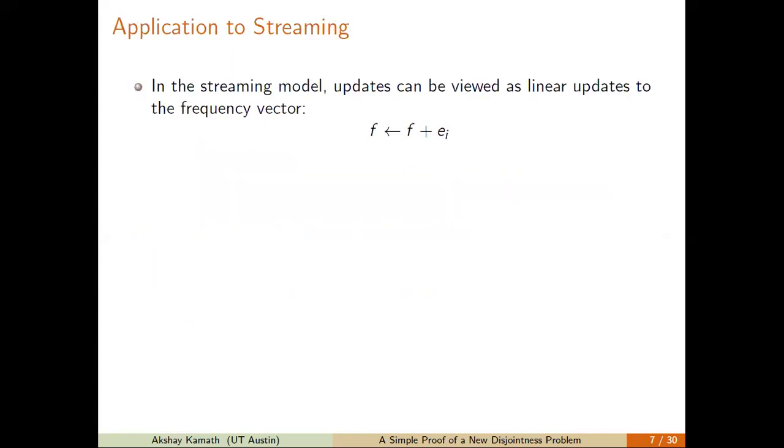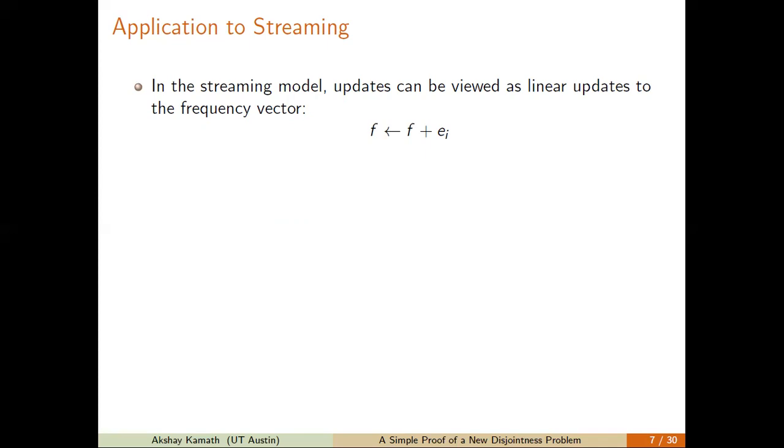So how are these lower bounds for this communication problem applicable to data streams? In the streaming model of computation, elements arrive in a stream, and we wish to compute certain statistics of the frequency vector of the stream.